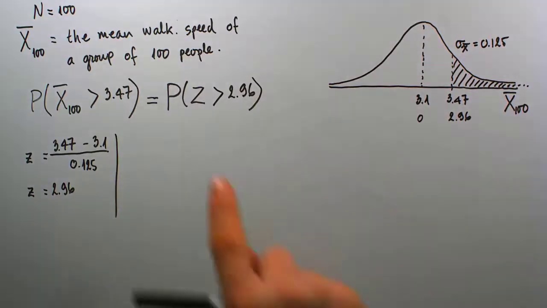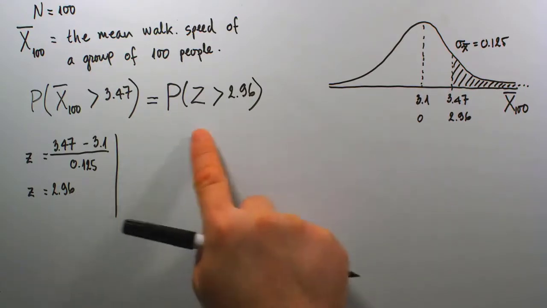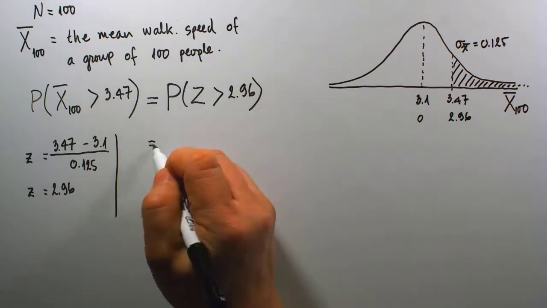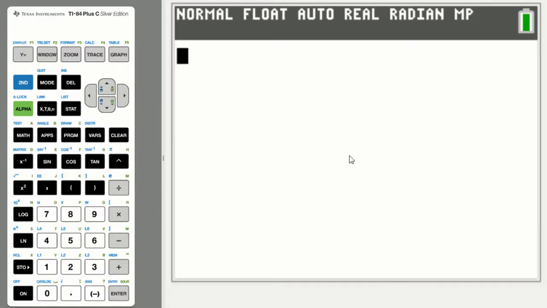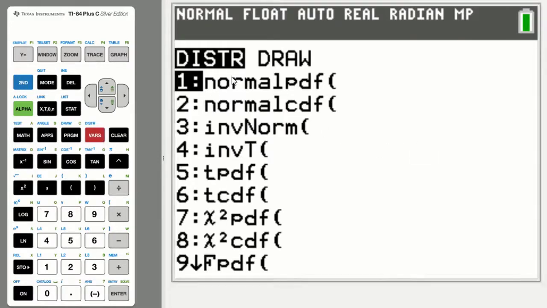And so now finding that final answer here is only a matter of running our normal CDF command. So now on my calculator screen right here, on my TI-83/84 calculator, I'm going to go 2nd VARS, which brings up the menu for all the distribution functions in statistics.